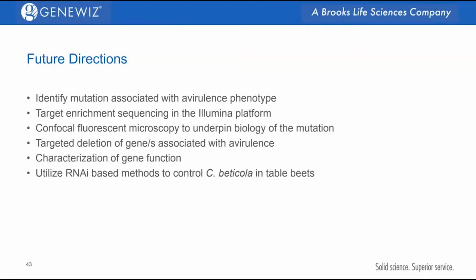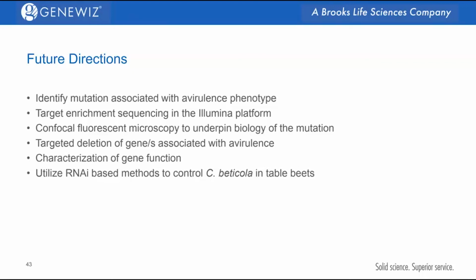So I've been trying to work with GeneWiz and other companies to develop target enrichment sequencing on the Illumina platform, because I've previously worked on Ion Torrent, and also, like I said before, do confocal fluorescent microscopy on some of these avirulent mutants to see what is the cause underlying this avirulence.